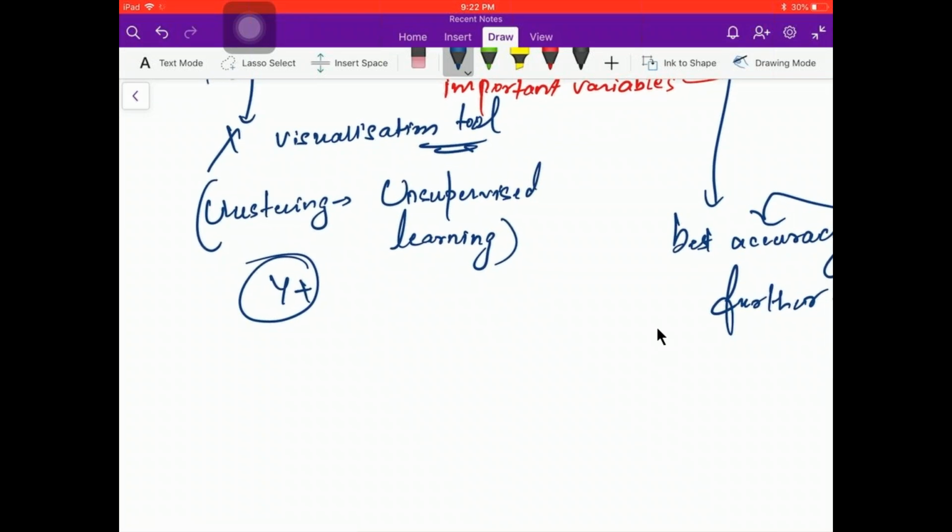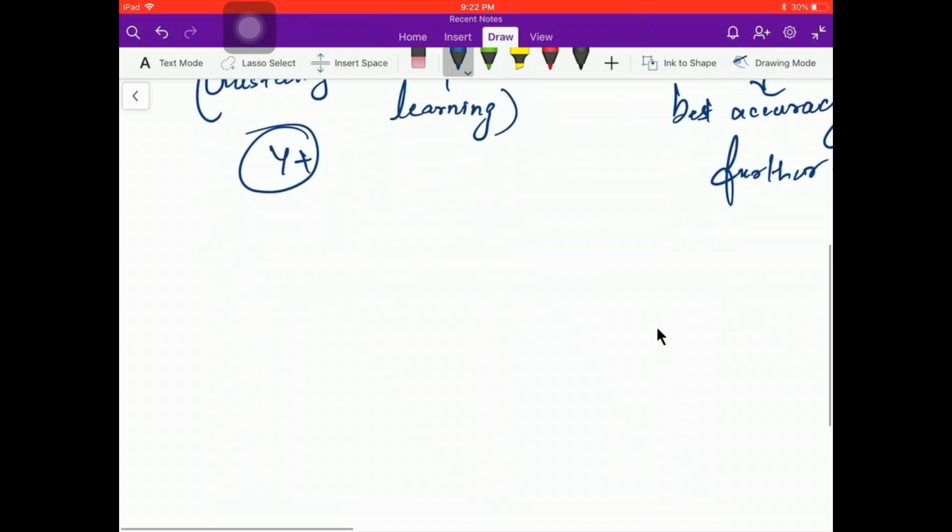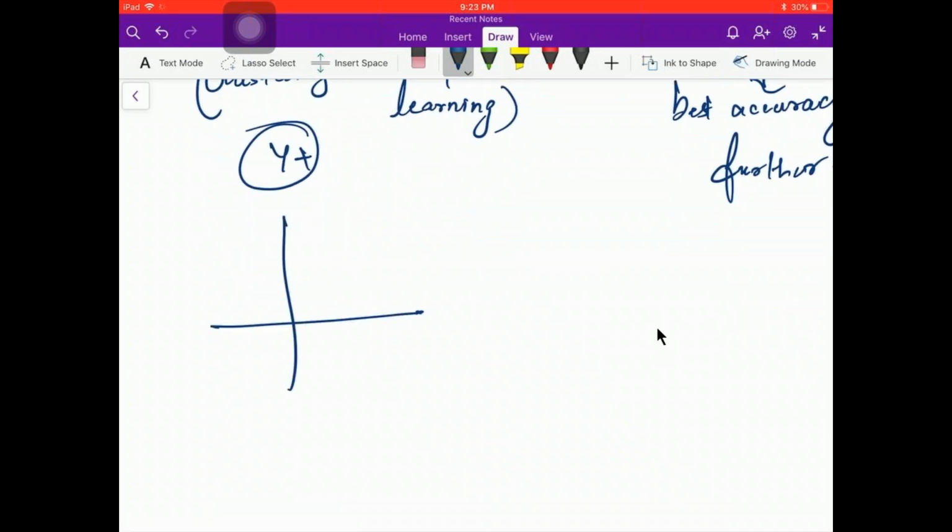So how does this help? We have already seen clustering a little bit, but to be a little more detailed, for example, if you have data points like this, this is a scatter plot.